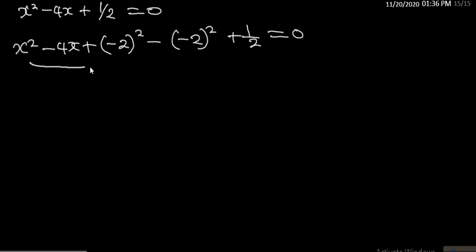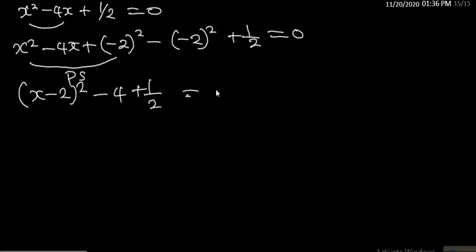And of course, this is a perfect square. We are completing the square of this, so we can factorize it. Take the first term and the last term and combine them together. That's x minus 2 squared, minus 4 plus 1 over 2 equals 0.